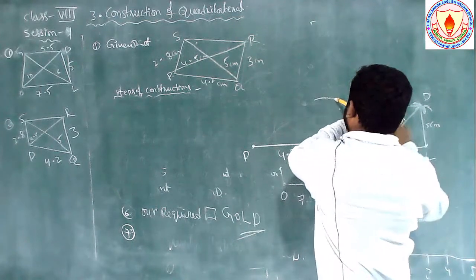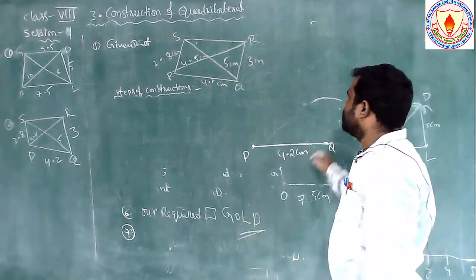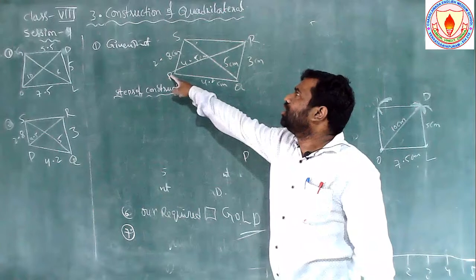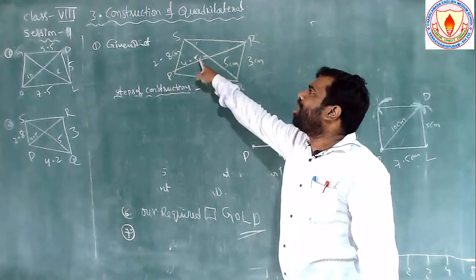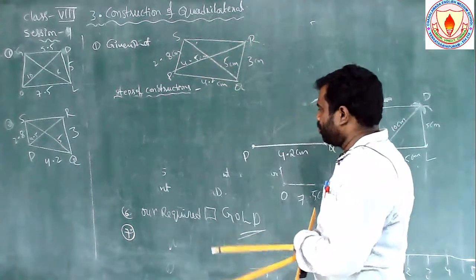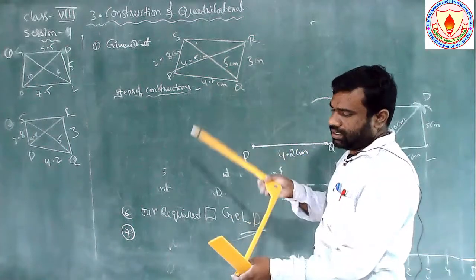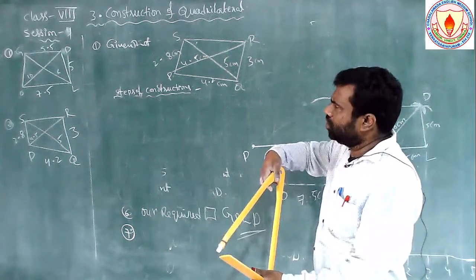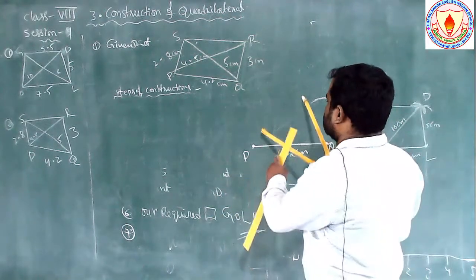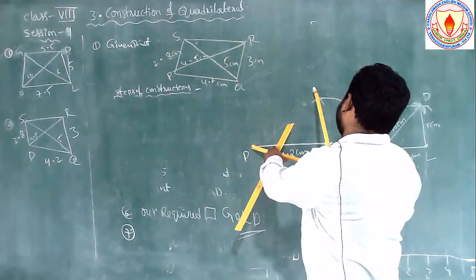And from P, draw a 4.5 centimeter arc, taking 0 to 4.5.